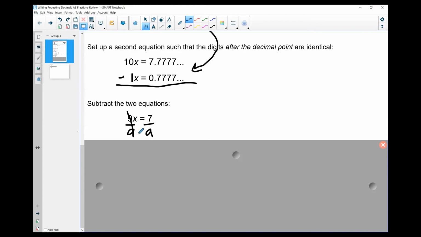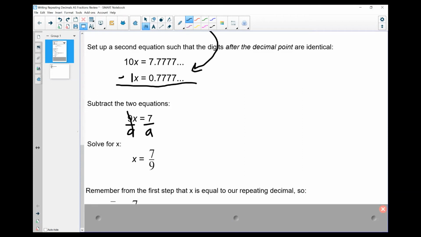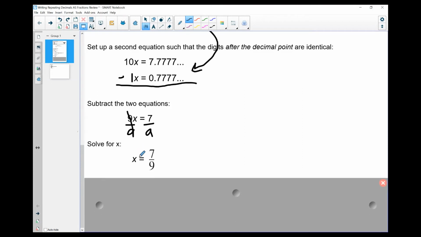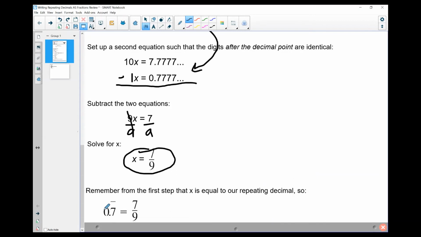And then 7 divided by 9 will give you a decimal, but it doesn't simplify here. So x equals 7 over 9. This is your answer. So 0.7 repeating gets you 7 over 9.